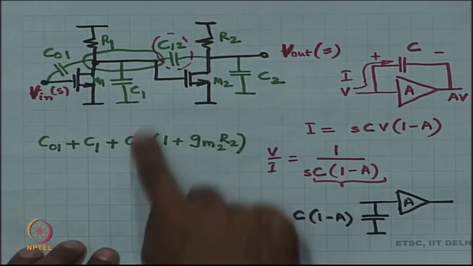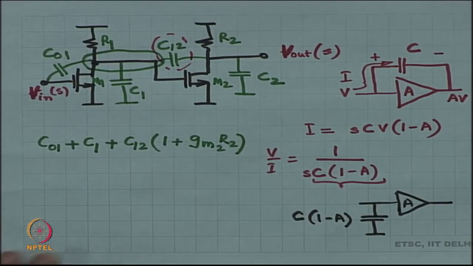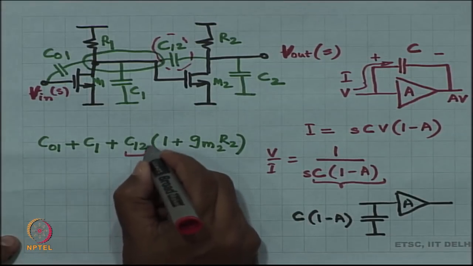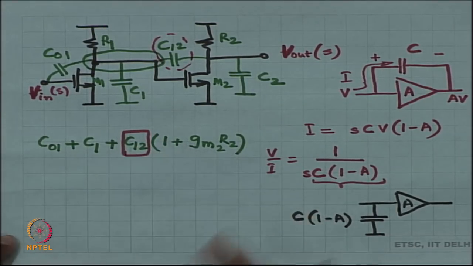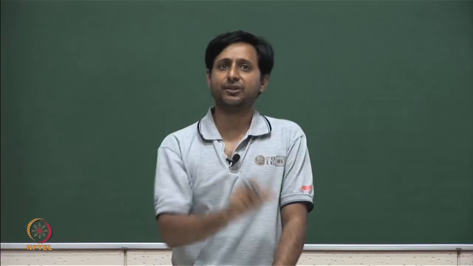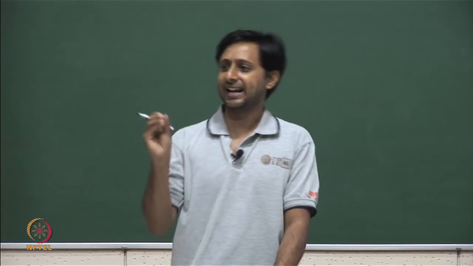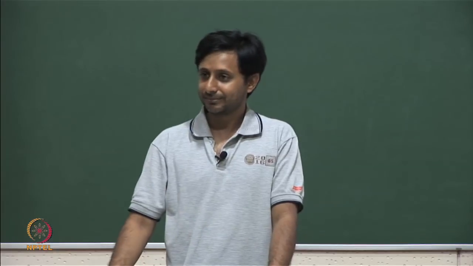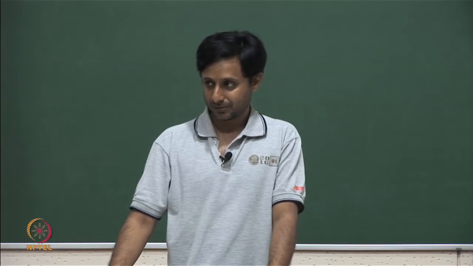All right. So, this is your tool at hand, which means that C12 is where you can do your engineering. Okay. C12 is going to be affected by 1 plus GM2 R2, which means that from outside, right, from outside you can engineer the value of C12, you can add some more C12, all right.